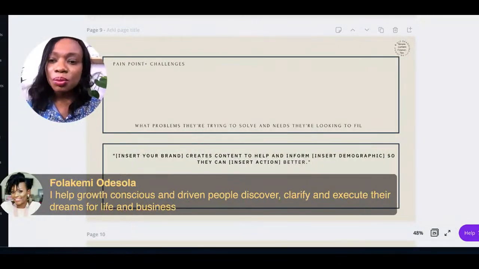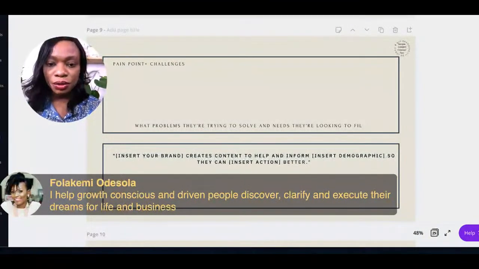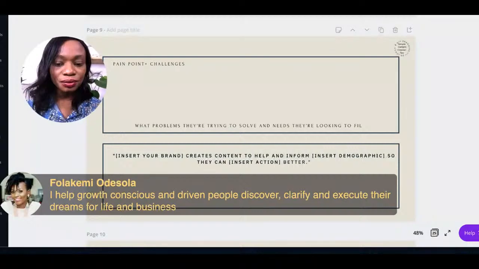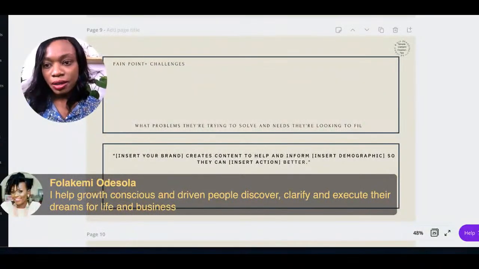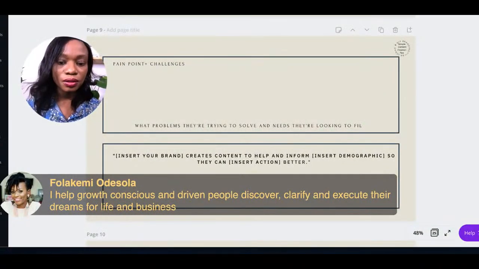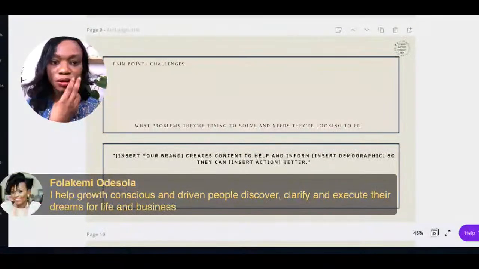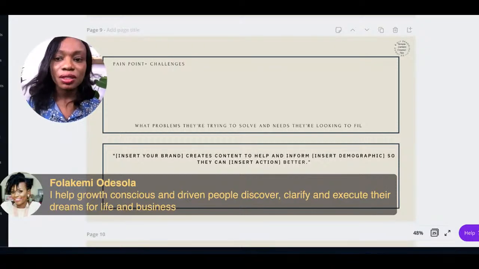I think driven people will also, let's just say we'll clarify that, and driven people, so they can clarify and execute their dreams. Their dreams for life and business better. Fantastic.